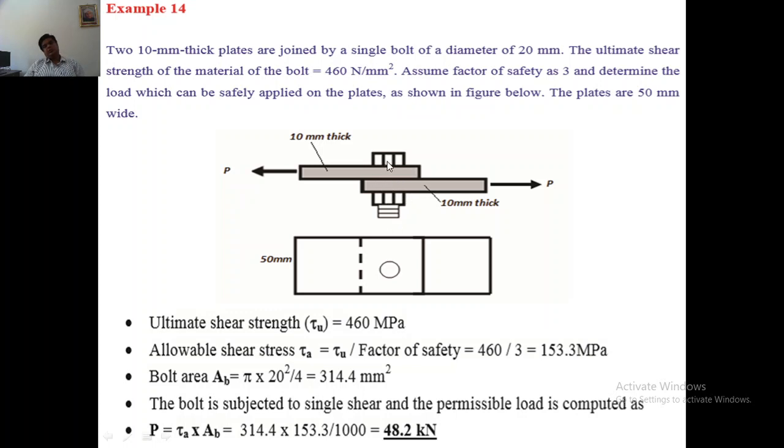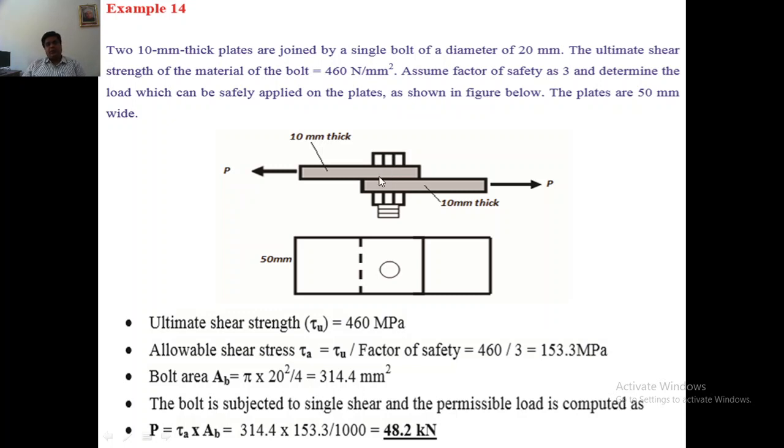So in this case, when the bolt and nut is fastened to the two plates, there will be forces acting on these two plates, and that force is the shear force. So if you take the nature of this force with respect to the bolt here, which is nothing but the diameter of the bolt, it is circular.